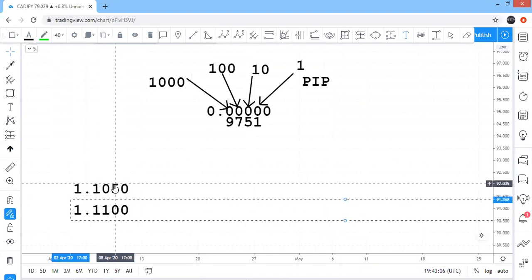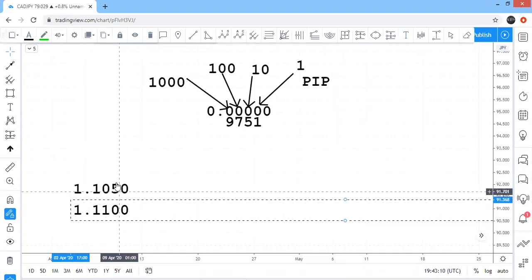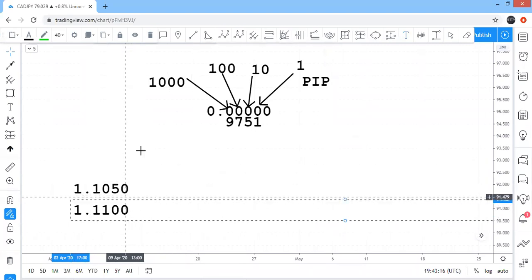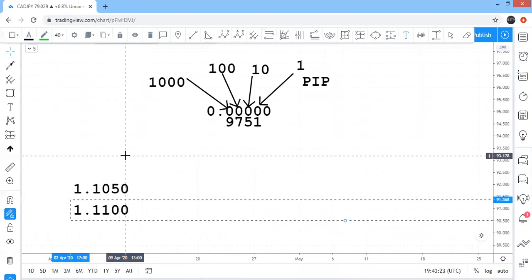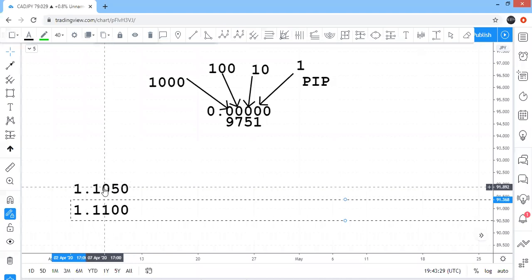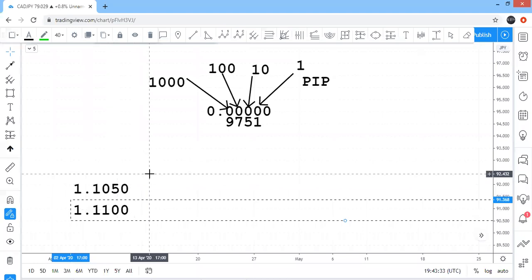What happened here that turned this number into 1.11? This number went up by 5. So you need to see which column it is in. It's in ones, no, it's in the tens column. So what happened here? It went up 5 times 10, 50. It went up 50 pips to turn this number into 1.11. So you've made a total of 50 pips.